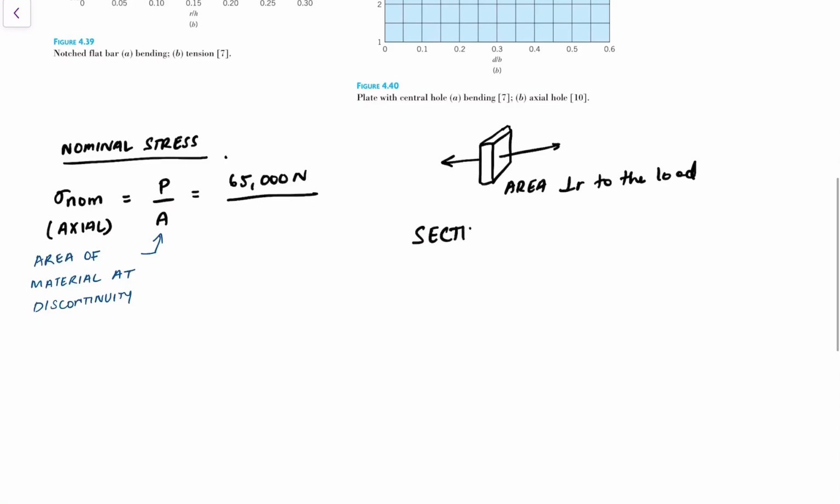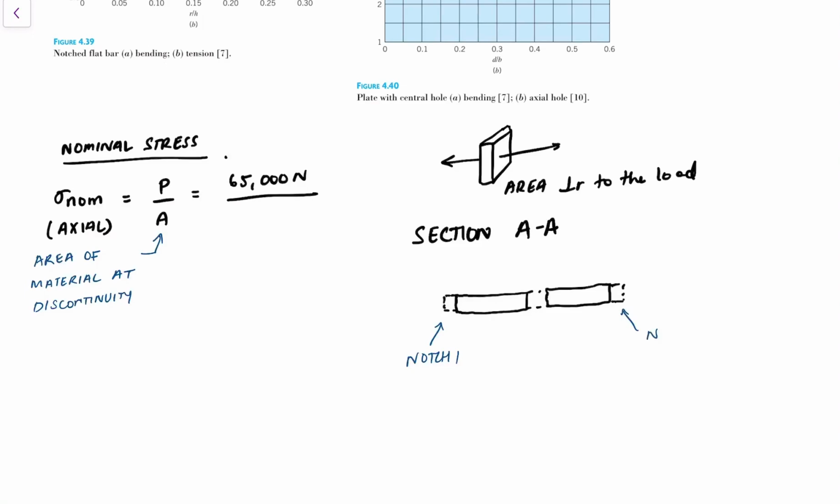Section AA would look something like this, where here is your first notch, this is your second notch, and this is the hole.